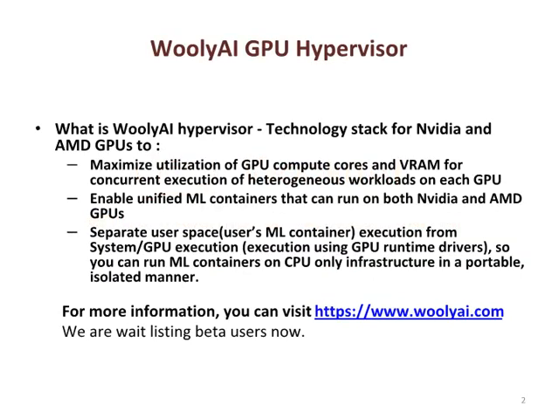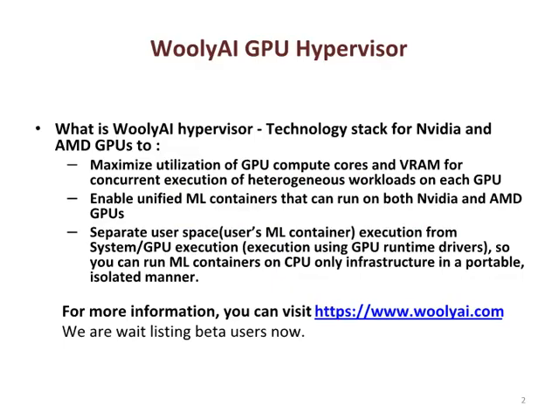We built WoolyAI GPU Hypervisor to transform how machine learning workloads run on NVIDIA and AMD GPUs. It delivers three big benefits. Unified containers: run the same CUDA containers on both NVIDIA and AMD GPUs with no code changes.